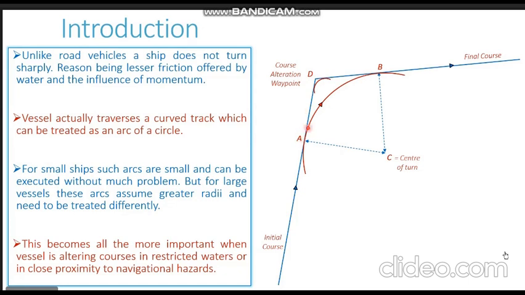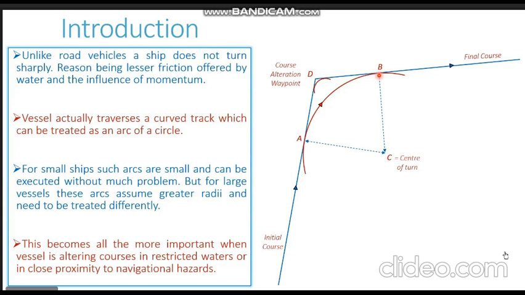It will be moving along this arc Alpha to Bravo. So it becomes very, very important to check the safety of the passage along this arc and ensure that the curved path is not passing over any shallow patches or navigational dangers.